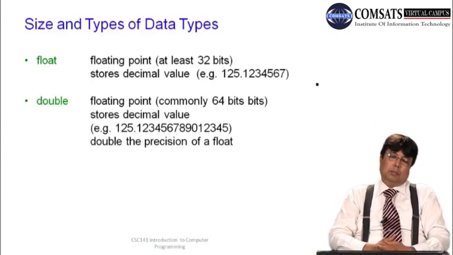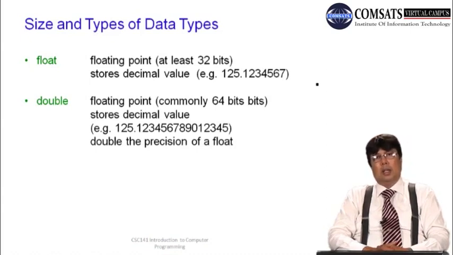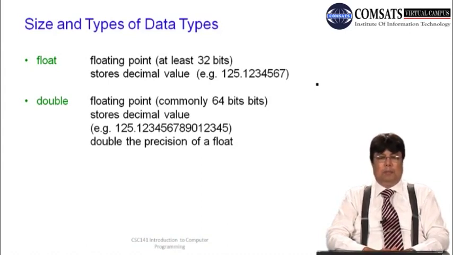Float. Size is 32-bit. It contains a decimal point, for example 1.2345678. So you can have an accuracy up to 7 decimal places for a float which has a size of 32-bit. Double.